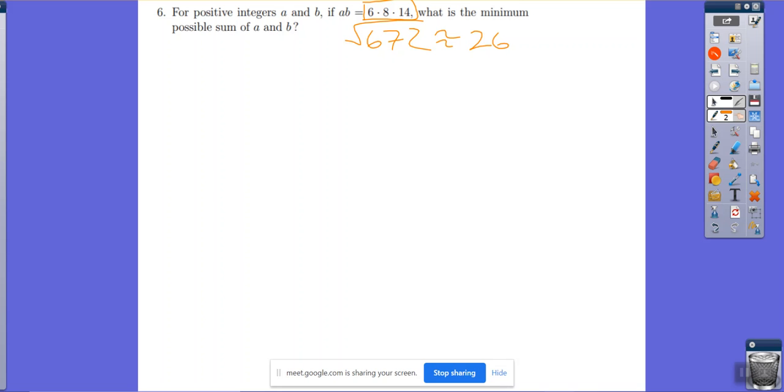I can break 8 down into 2 times 2 times 2, and all of a sudden I have my 24, right? And plus I can get another 2 from 2 times 14. So I know 24 goes into this, so I divide this by 24.